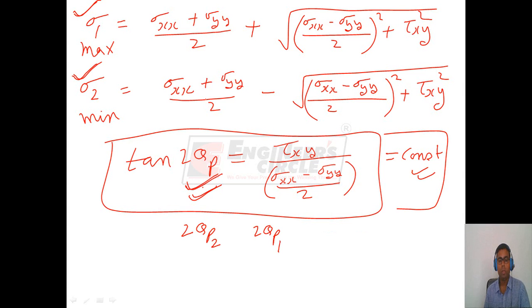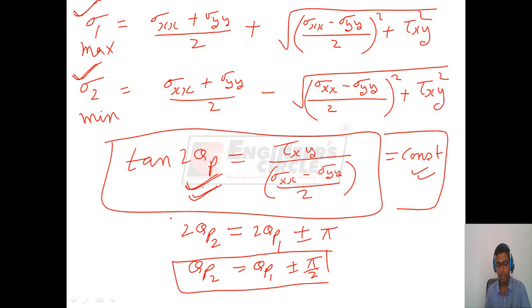Tan 2 theta p equal to constant will have two roots that will have an angle of 180 degree between each other. So from here we get theta p equal to theta p1 plus minus pi by 2. Therefore the angle between the principal plane 1 and principal plane 2 is 90 degree. That is, we can say that principal planes are perpendicular to each other.